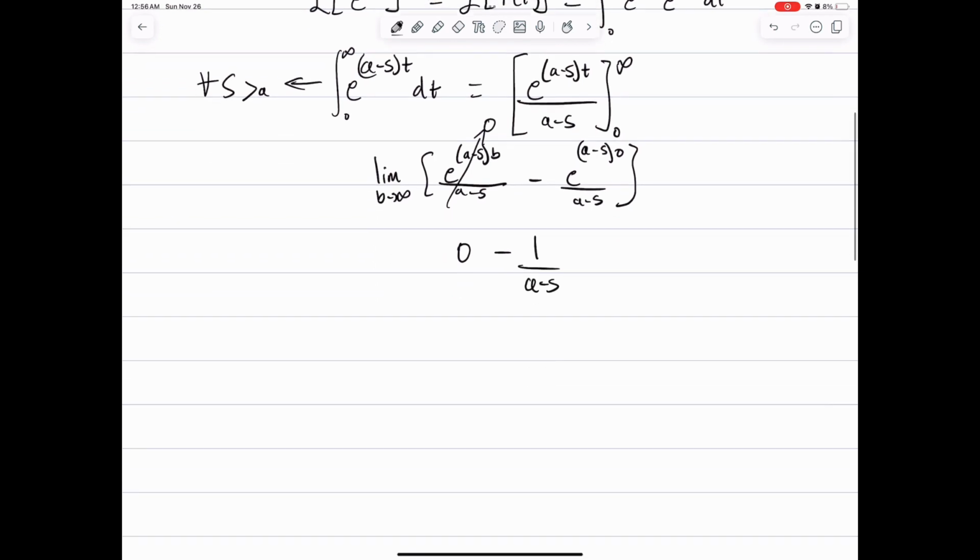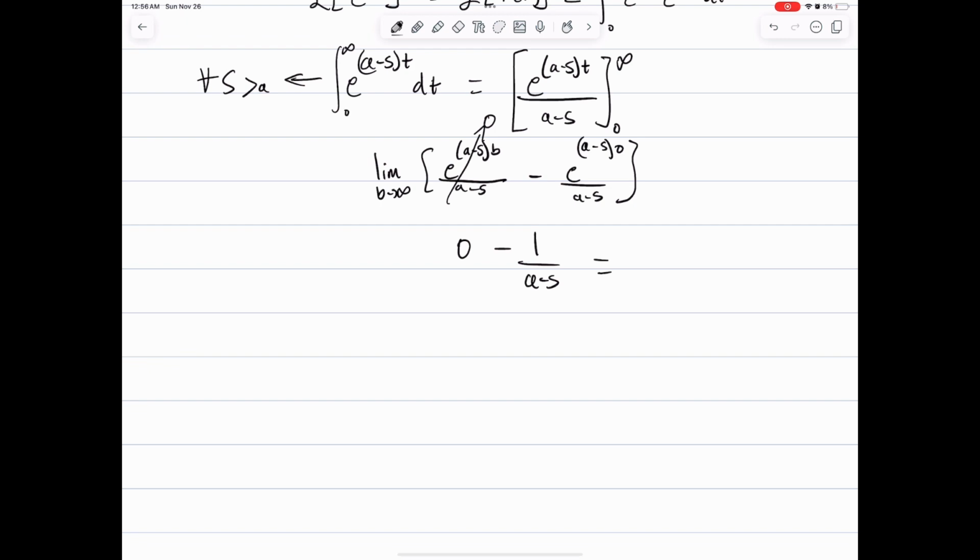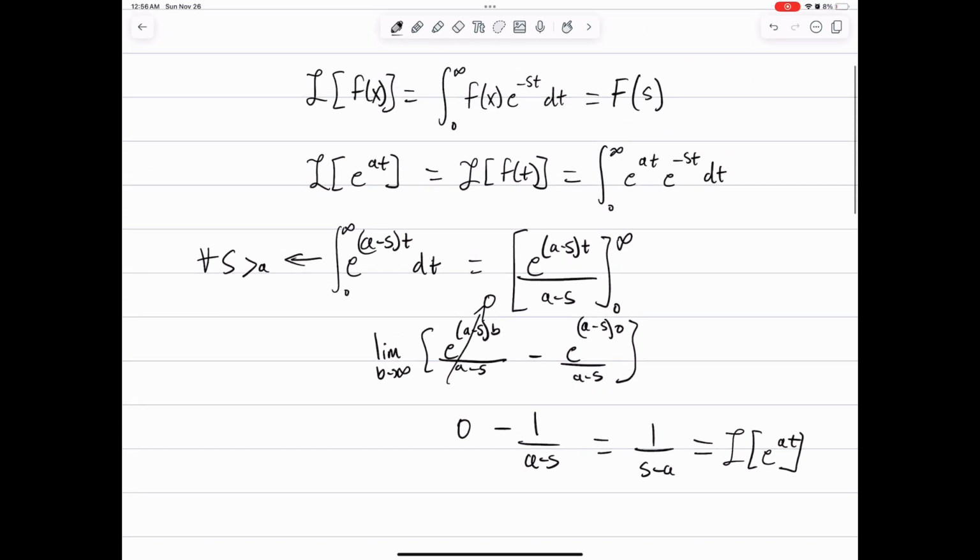So that's just equal to 1 over s minus a, and we'll say that's equal to the Laplace transform of e to the at. That's the most simple and quick example of how the Laplace transform works.